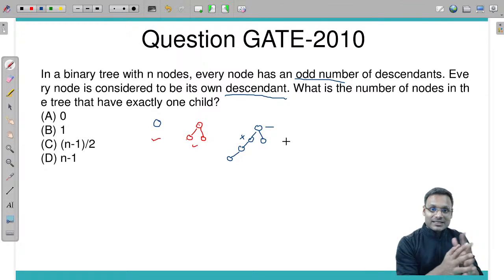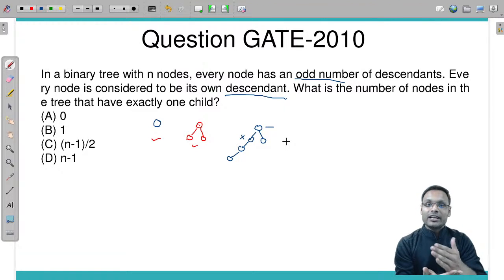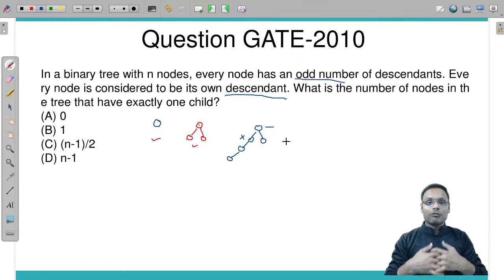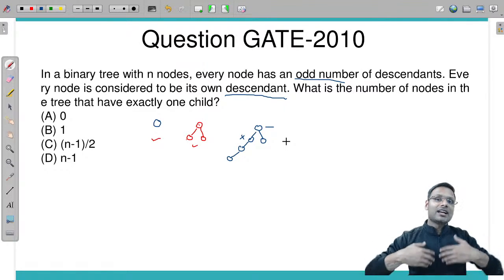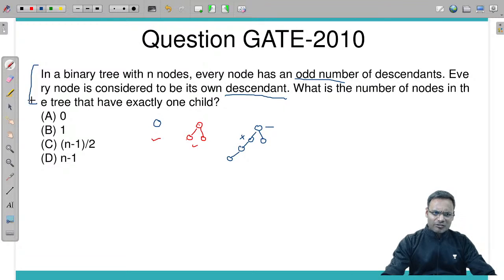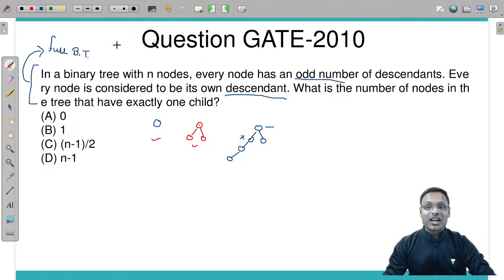If we do not consider the node itself to be its own descendant, then the number of children of the node should be even, and their children to be even, and their children to be even. Means the tree should be a full binary tree. So the question is given in such a way that it leads us to a full binary tree, and you tell me in a full binary tree how many nodes should have a single child.